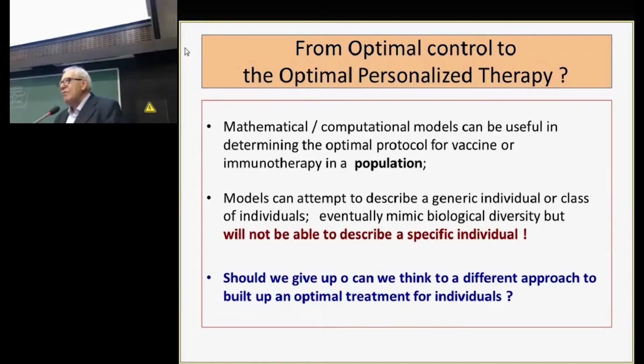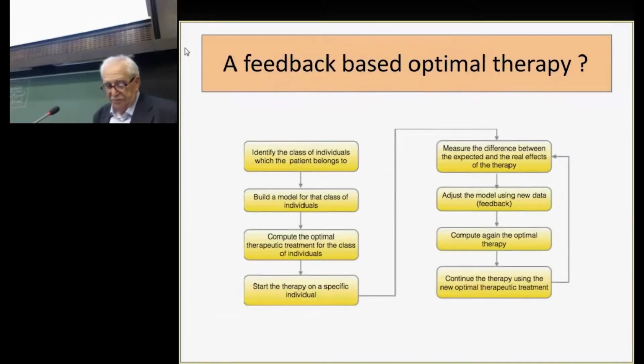So we can have a model for a cluster of patients, and then apply the model of a cluster to single patients. I can measure the outputs, and from the output I come back to control, feedback, and adjust the model, then run again, and again. In this way, we can try to do it.